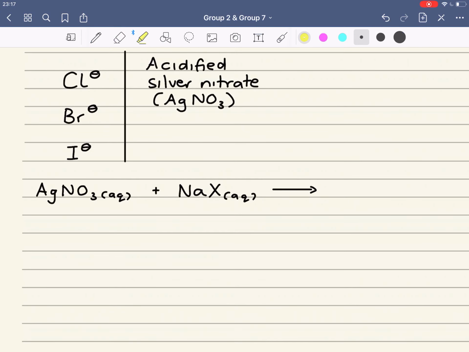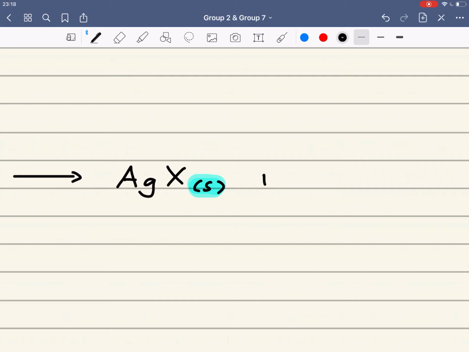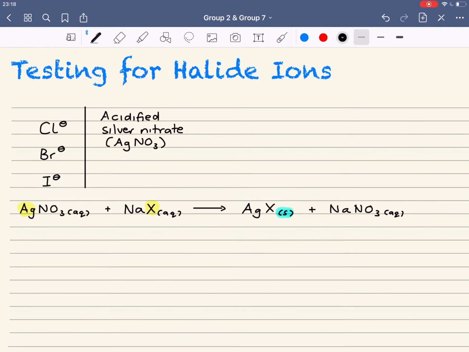Then when these soluble silver ions meet these halide ions in solution, they join together to form this insoluble silver halide, so we've got a solid state symbol there, and we also get NaNO3. I'm hoping by this stage we are confident in writing down the correct ionic formulae.